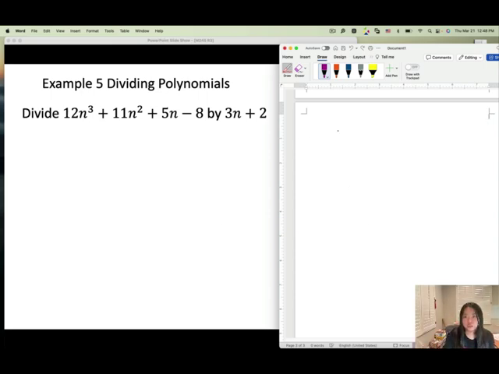Okay, let's do it together. We have 12n to the power 3 plus 11n squared plus 5n minus 8 divided by 3n plus 2.